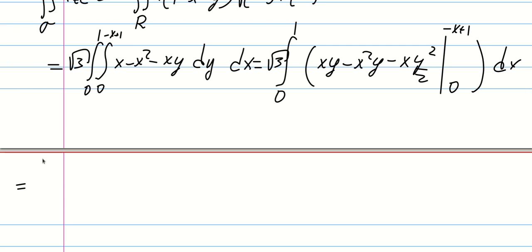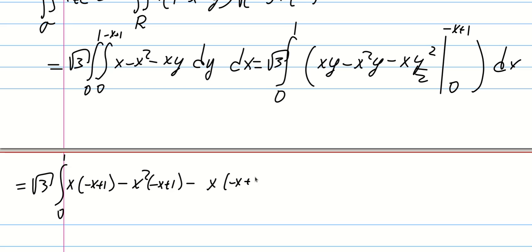So we still have square root of 3. We still have integral from 0 to 1. So we have x times minus x plus 1, minus x squared times minus x plus 1, minus x times minus x plus 1 quantity squared over 2.